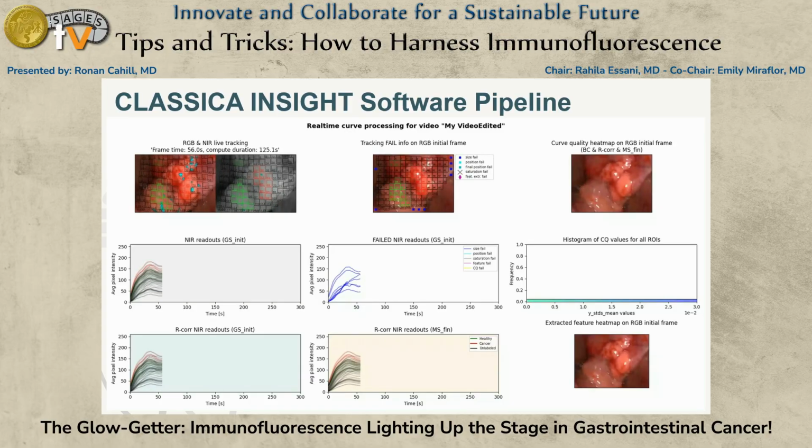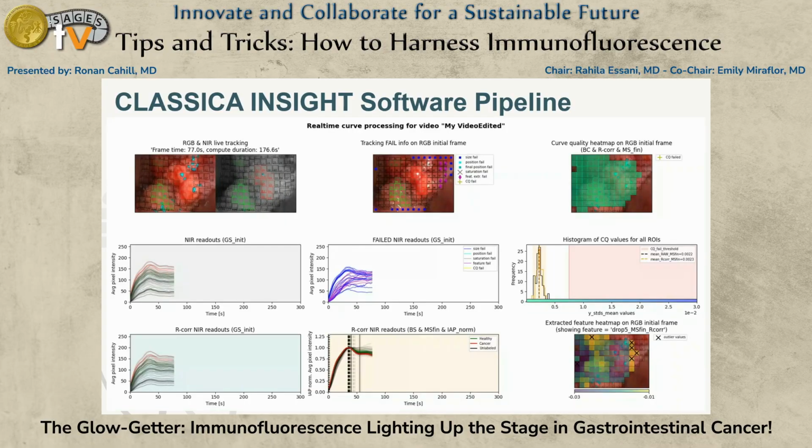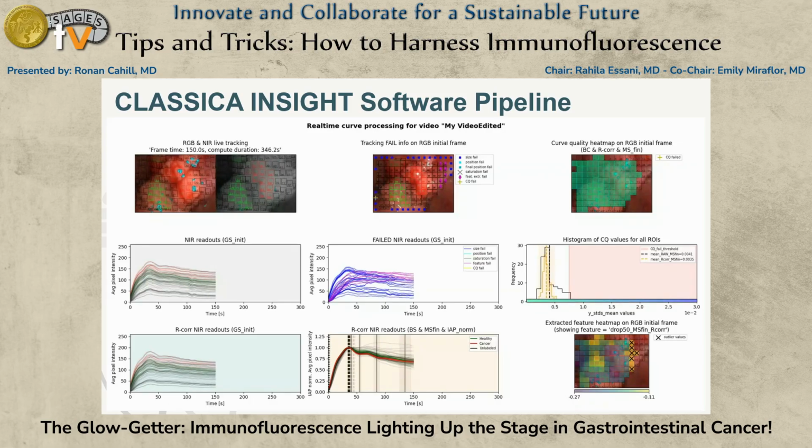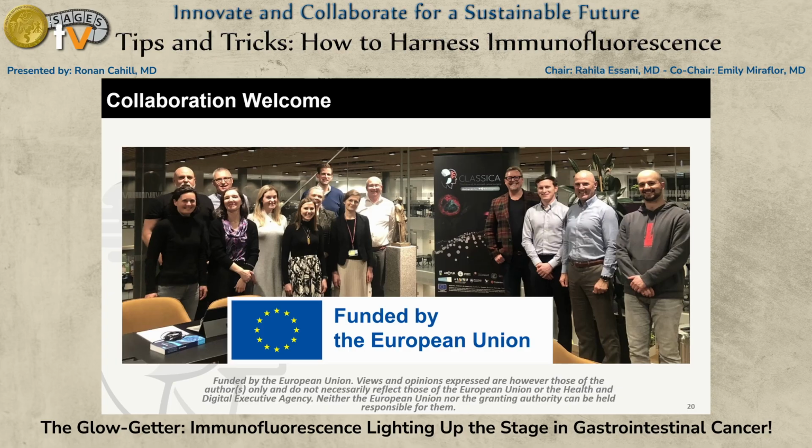So the quality assurance system of the software, dropping out areas that are no longer reliably being tracked, for instance, is an important bit of the software engine to try and make sure that the curves are clean, robust, and reflective of the tissue differences to it. So I'm going to stop there.